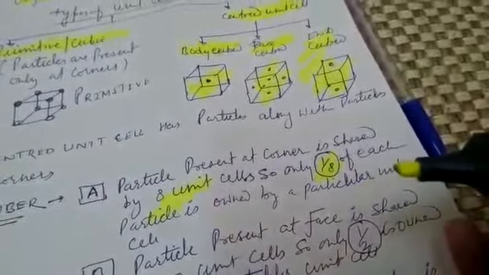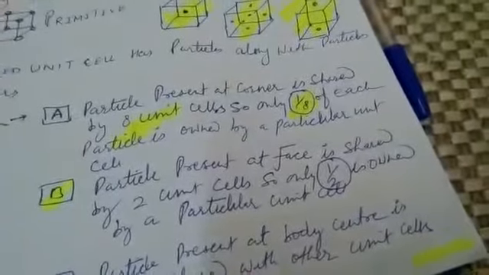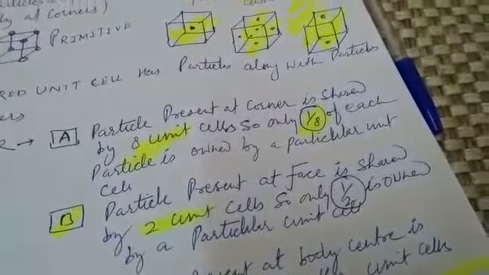Point B: a particle present at a face is shared by 2 unit cells. So only half of it is owned by a particular unit cell.